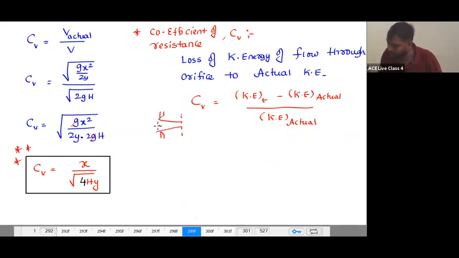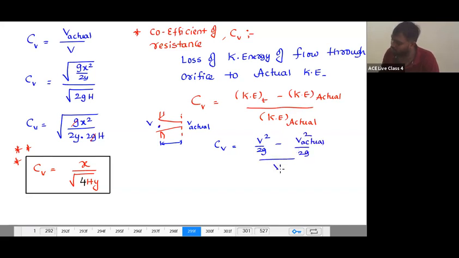Whatever the velocity here is V, and here it is V actual. Now you know that kinetic head is nothing but V square by 2g. So it is V square by 2g minus V actual square by 2g, by V actual square by 2g. So everywhere the 2g gets cancelled.